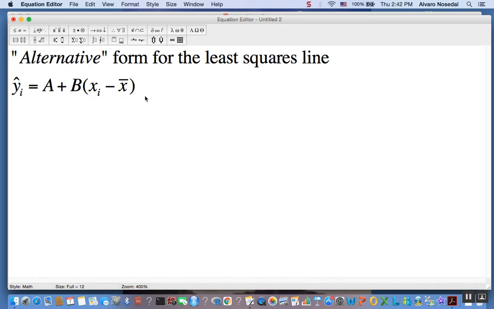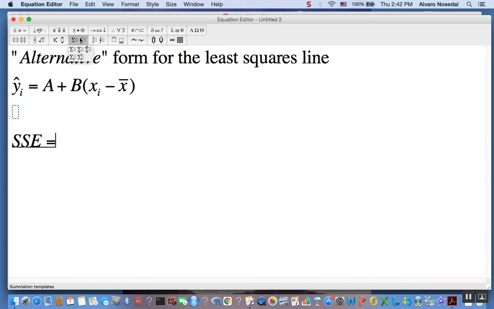So we're going to be doing basically the same thing that we did before to find the best lowercase a sub 0 and lowercase b. We are going to be minimizing the sum of squares for error. So let me remind you what the sum of squares for error looks like.